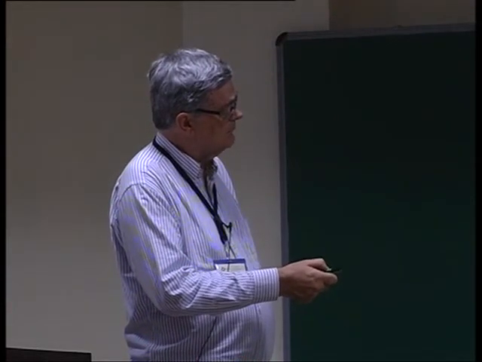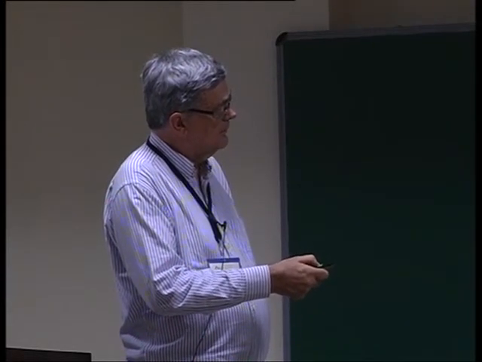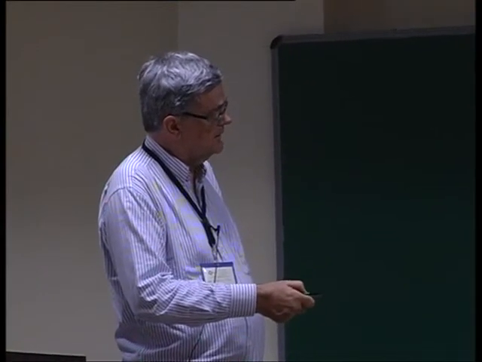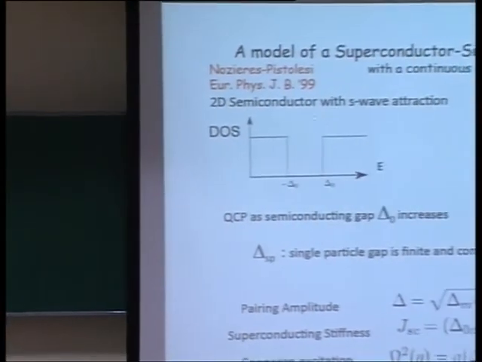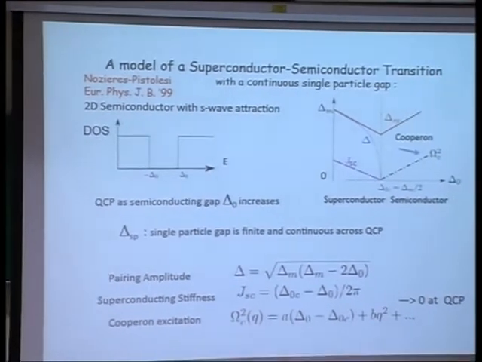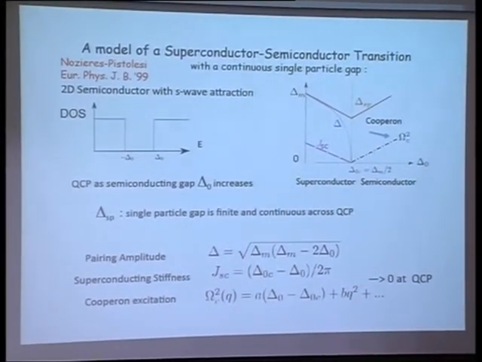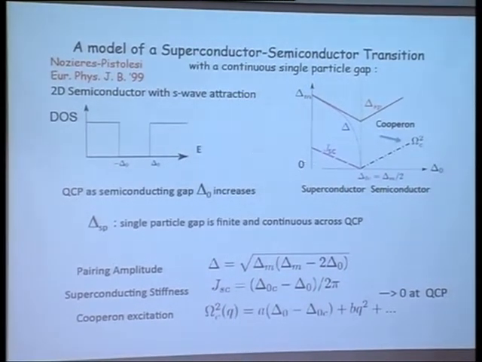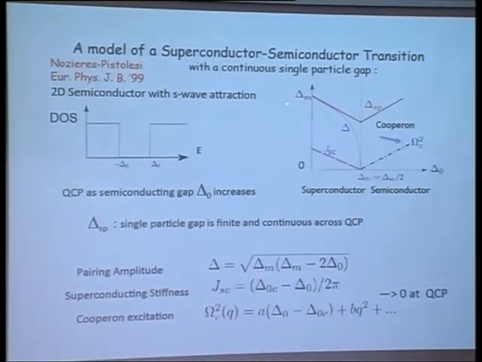Actually, there's an interesting, very simple model put forward about 10 years ago by Philippe Nozières, who considered a model with a 2D semiconductor with a simple S-wave attraction treated in BCS theory. But the point is, he varied the size of the semiconducting gap. So when this vanishes, it's just a simple metallic state with a constant density of states, because it's in 2 dimensions. So you introduce an attraction, and you get a superconducting gap and some superconducting stiffness.